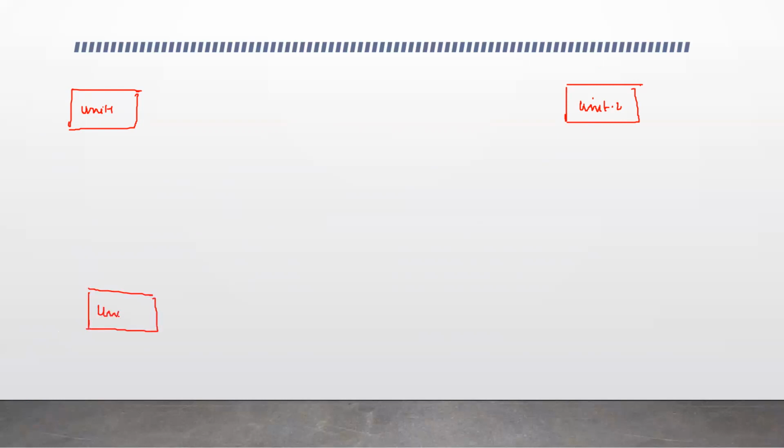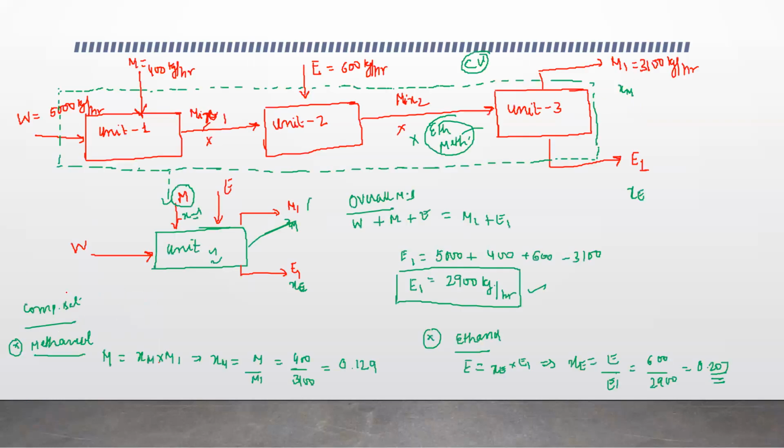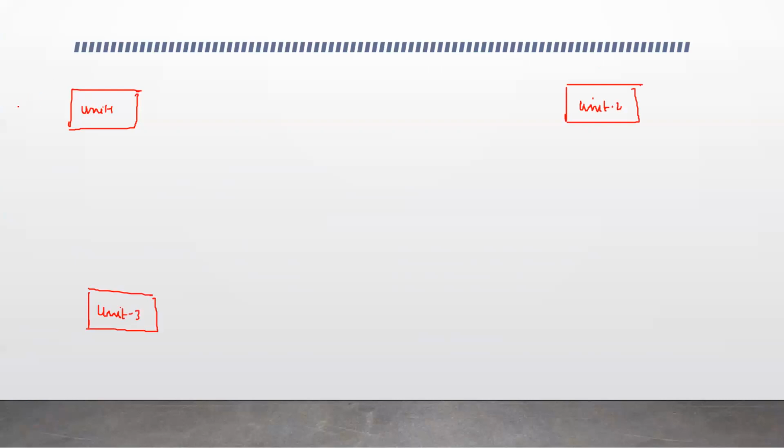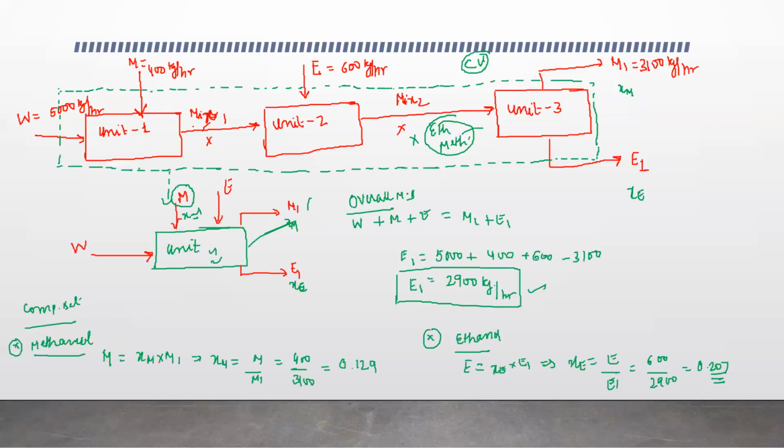When we do it for unit number 1, we get W and M going in, and let's not call it mix 1, let's call it P1. So mix 1 is nothing but P1, and mix 2 is nothing but P2.